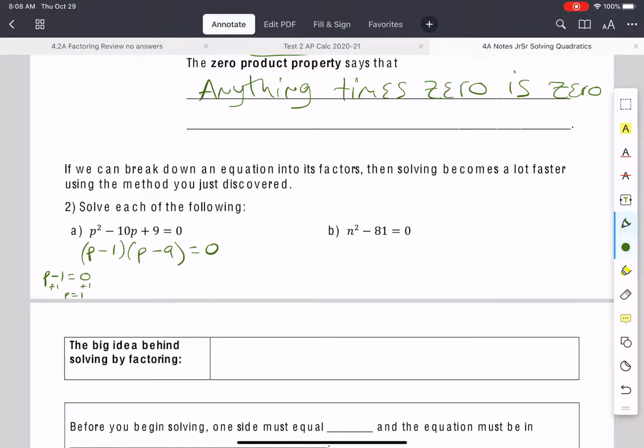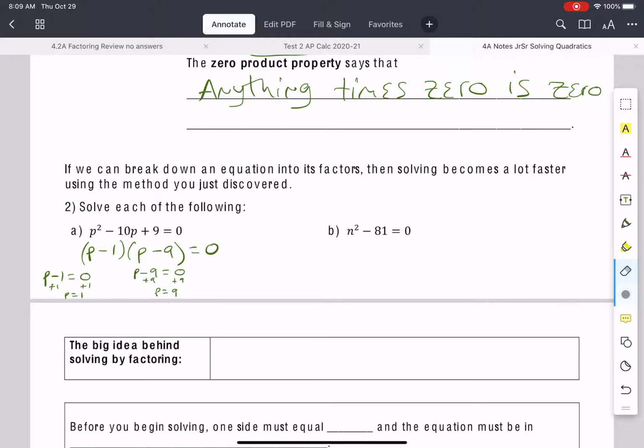Okay, so then what about here? If I have P minus 9 equals 0, what makes that equation true? So if P is 9, what does the first factor equal? 8. And if P is 9, what does the second factor equal? 0.